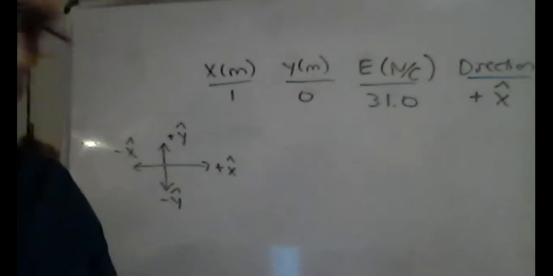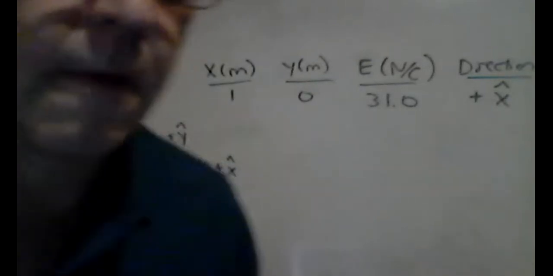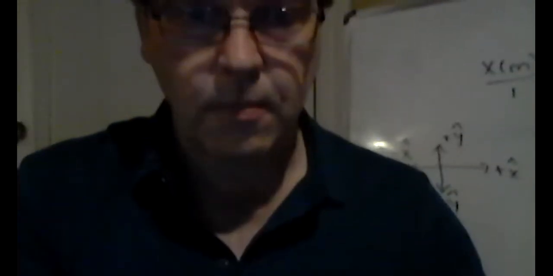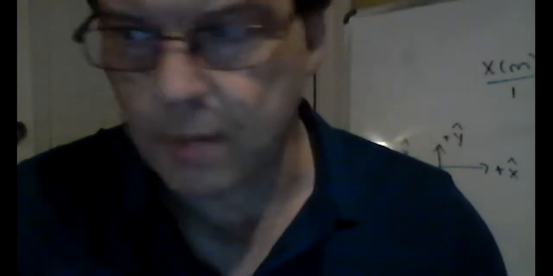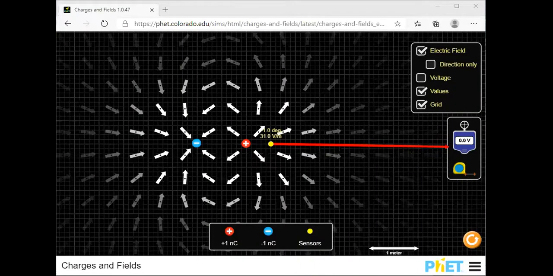Take another data point. I'll do another one for you. Show my screen again. So that is for 1 meter away. The next data point, we want 1.5 meters. So I take my little test sensor and move it out to 1.5.